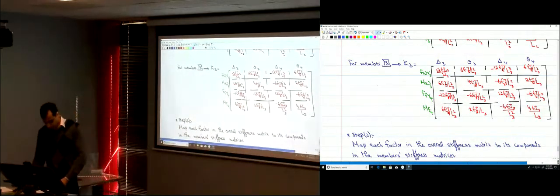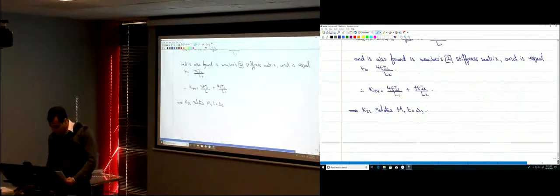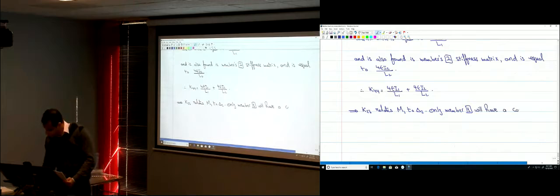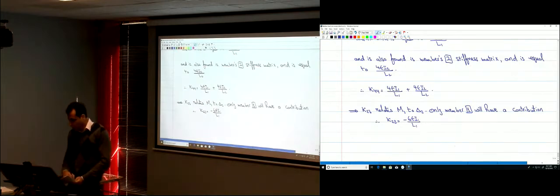Only member 1 will have a contribution, and therefore K23 is equal to negative 6EI divided by L of member 1.